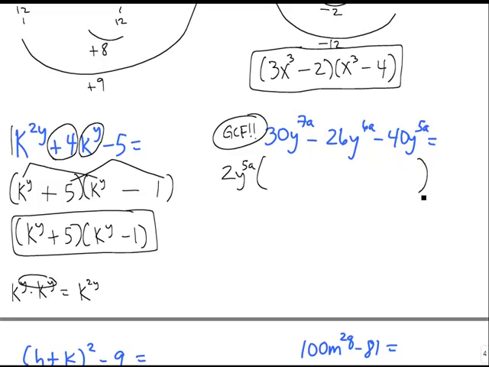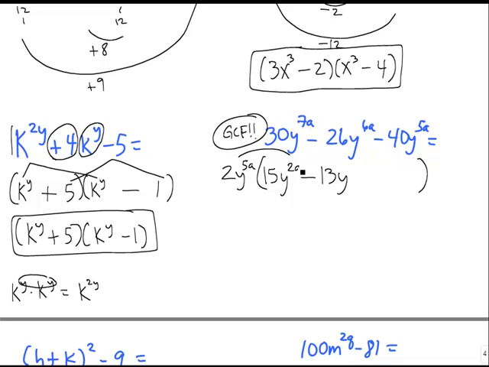So your GCF is going to be a 2y to the 5a. In parentheses, let's write down what we're left with. 2 goes into 30 15 times. If I pull out 5 a's and I had 7 a's to begin with, how many a's are left? 2 a's. And if you double check, 5a plus 2a gives you back that 7a. In the middle term, I have a minus sign. 2 goes into 26 13 times.